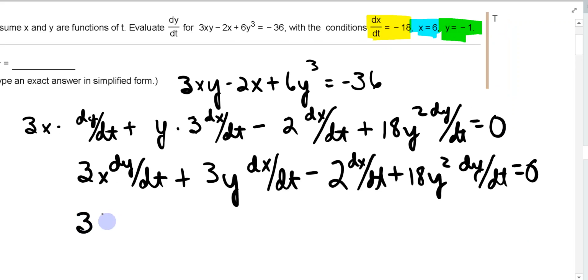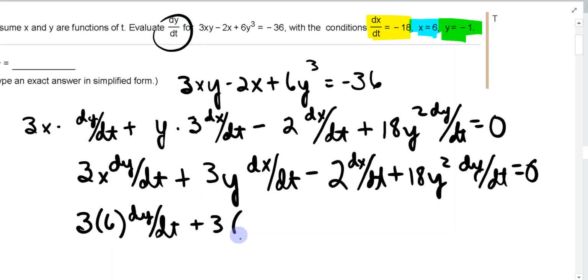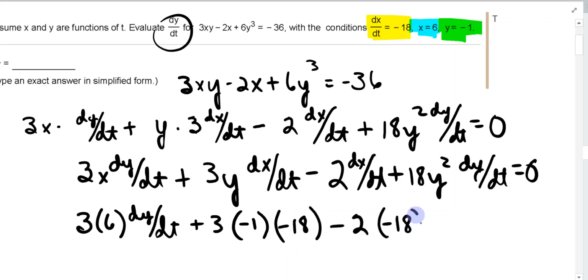We've got 3 times 6 dy/dt. We don't have anything for that; we're supposed to be trying to find that. Plus 3 times y, which is negative 1, dx/dt is negative 18. Minus 2 times negative 18. Plus 18 times negative 1 squared dy/dt equals 0.